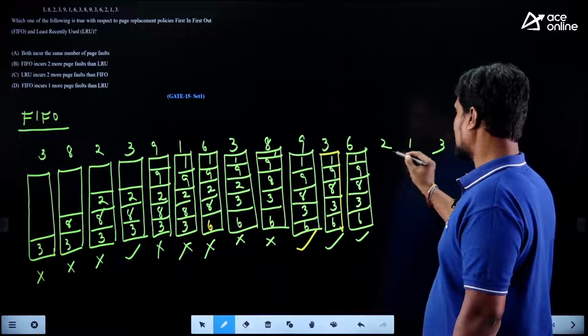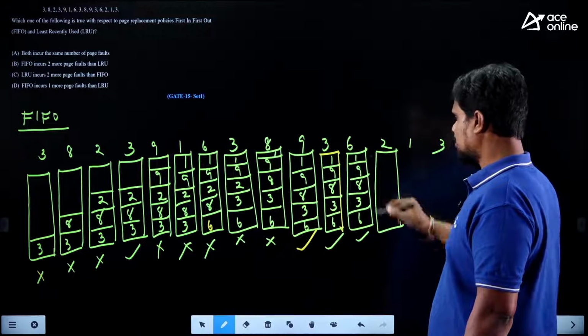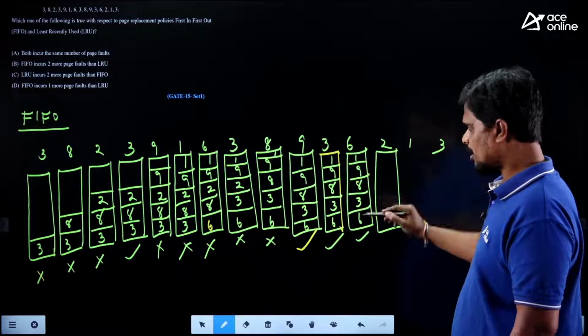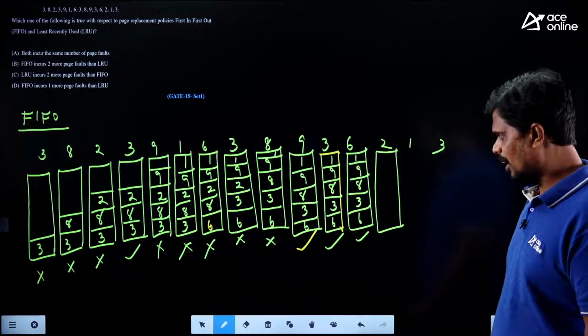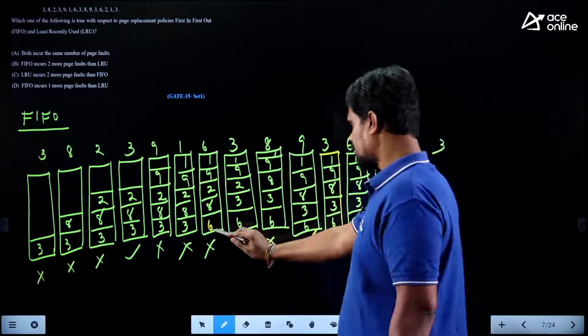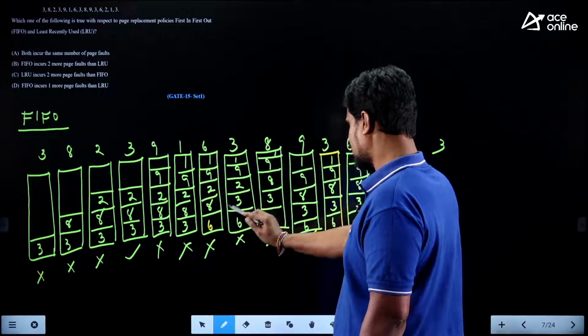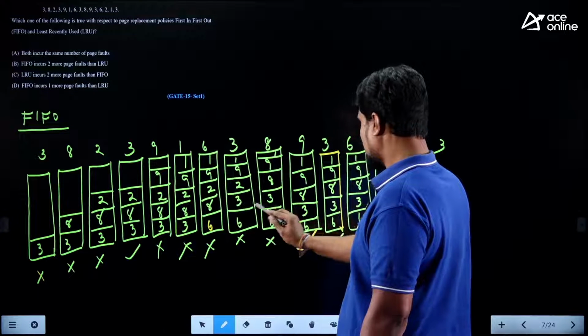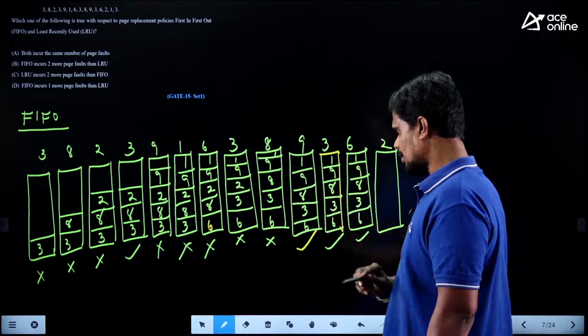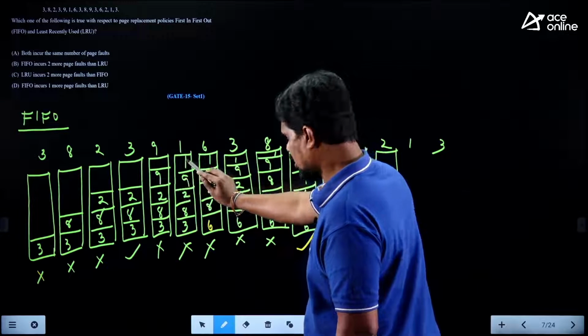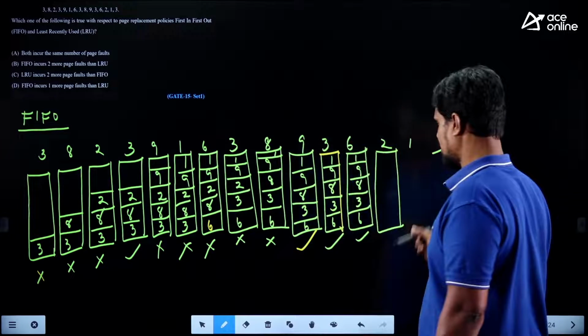Now the CPU is willing to access page 2, but page 2 is not part of the current main memory. So among the 6, 3, 8, 9, 1, which page entered first? If you verify, 6 entered here, 3 entered here, 8 entered here, and 9 entered here and 1 entered. So 9 is going to be the victim here.